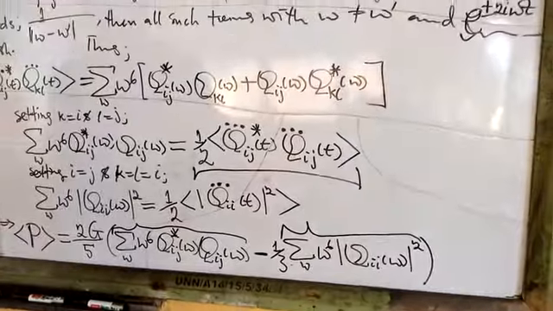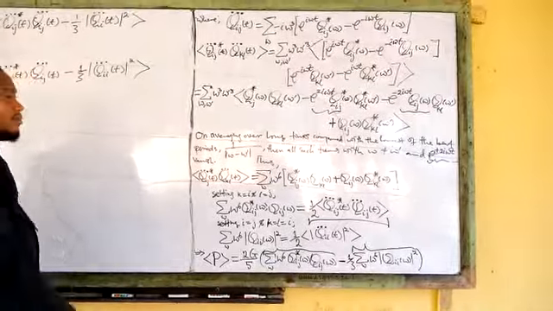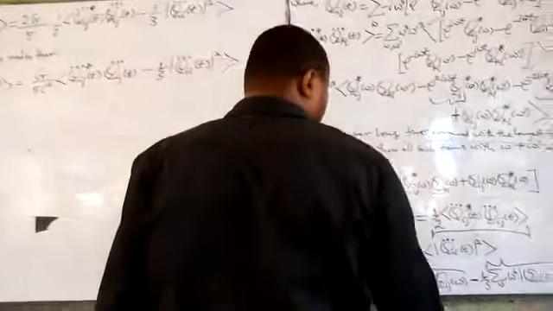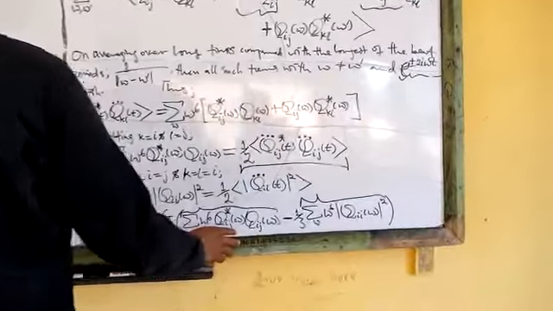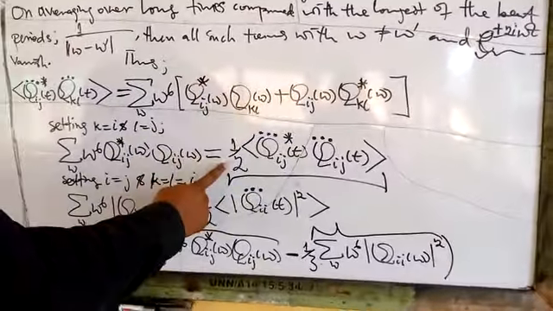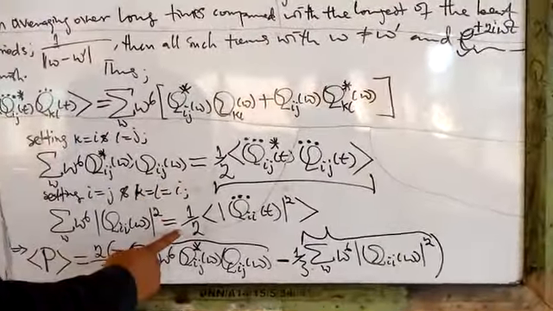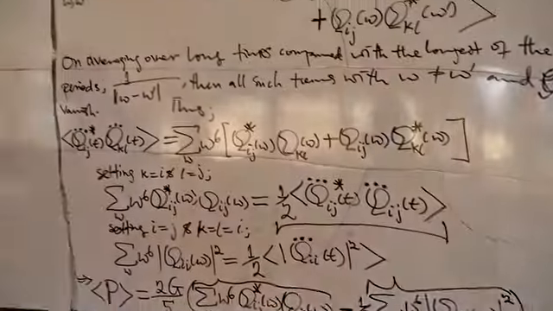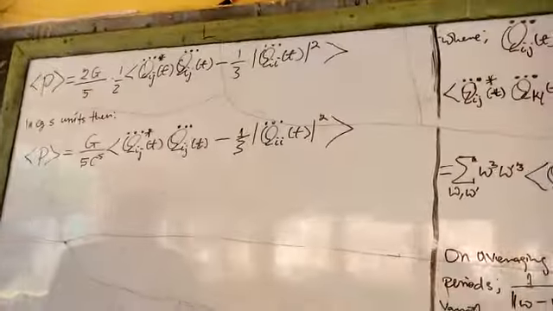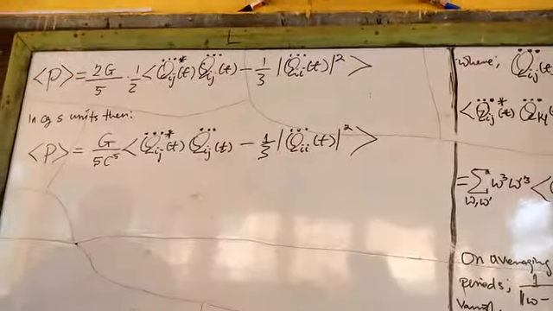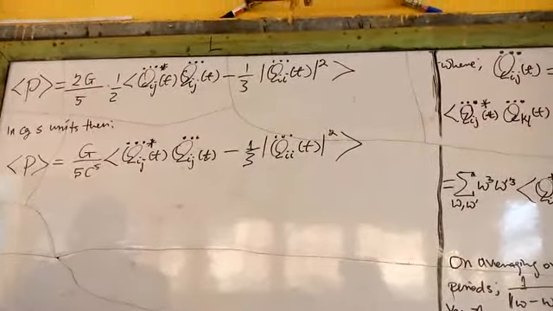So as it is right now, both actually have 1 over 2, and these also have 1 over 2. So something is common, I pull out the 1 over 2 and this is what I get. That half cancels this. And then in CGS units, this is what we've obtained.